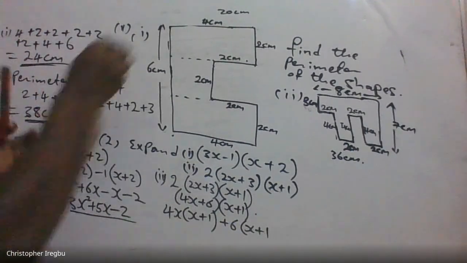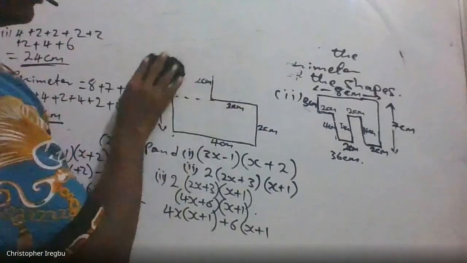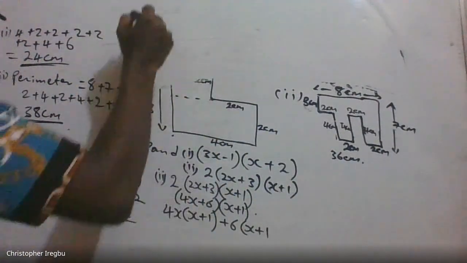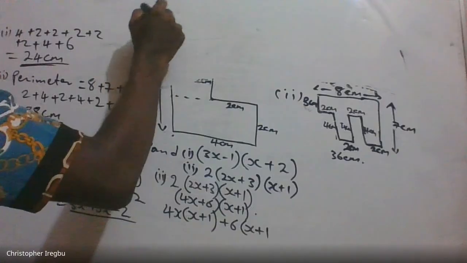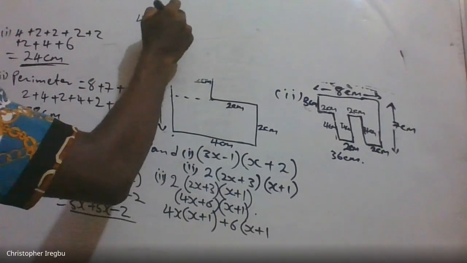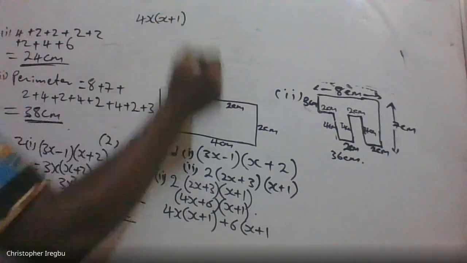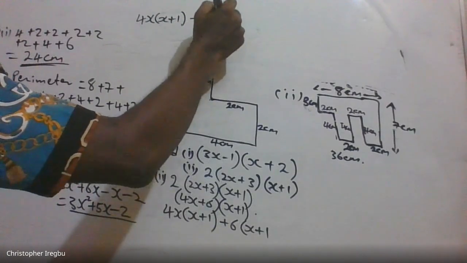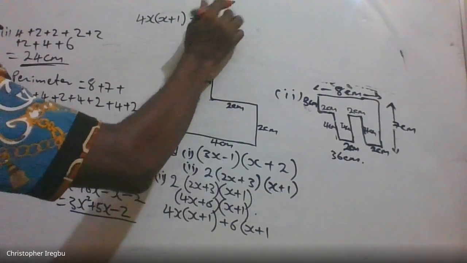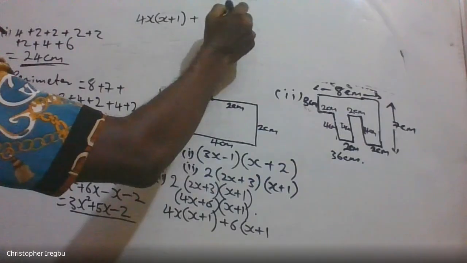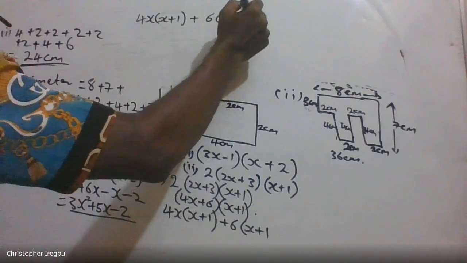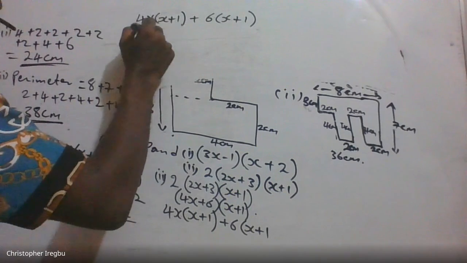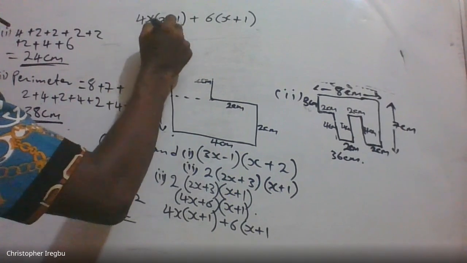So let me just clean up so that you can see what I'm doing clearly. So we do 4x into x plus 1, then plus 6 into x plus 1. So what we have here now is 4x squared. 4x times x is 4x squared.